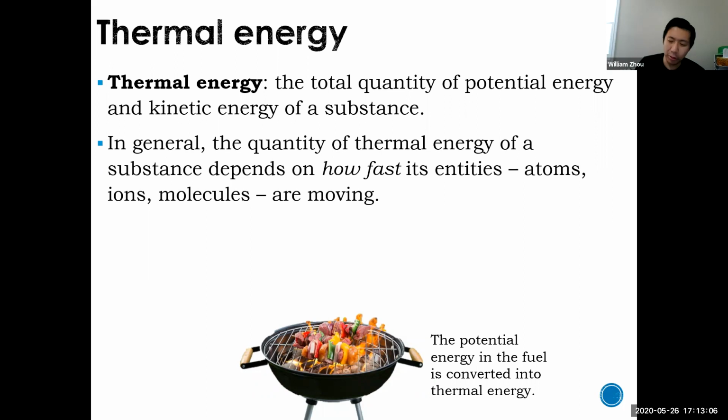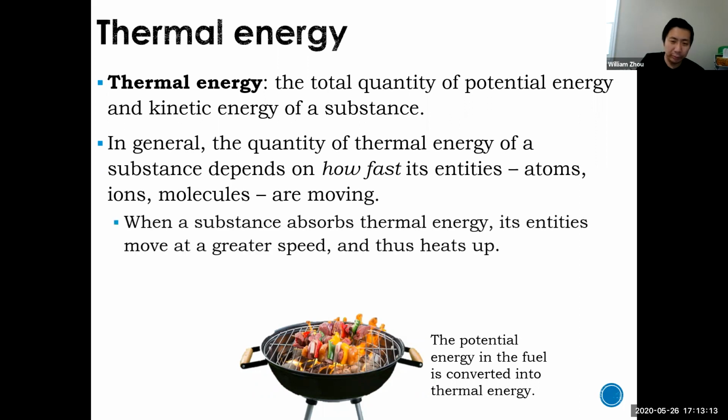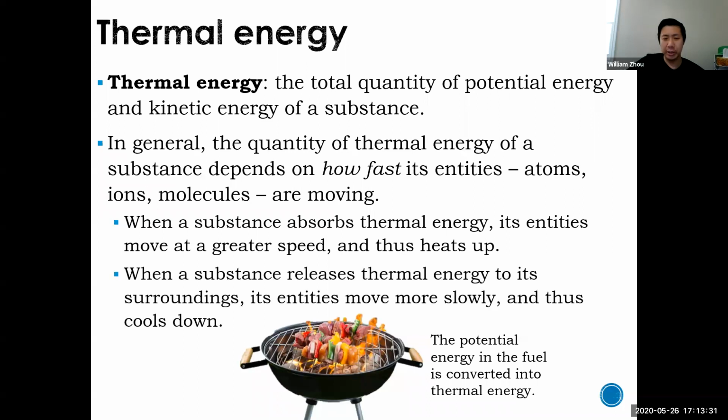Thermal in English means heat, and how fast things move is exactly what temperature is. So if you consider the barbecue grill, when a substance absorbs thermal energy, it heats up. If something releases thermal energy to the surroundings, then it itself will move more slowly, cooling down.